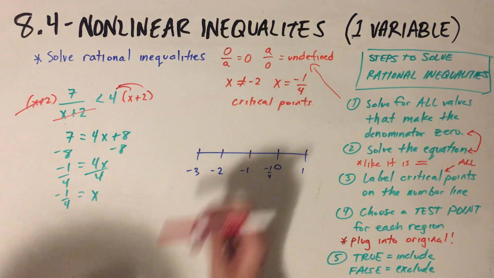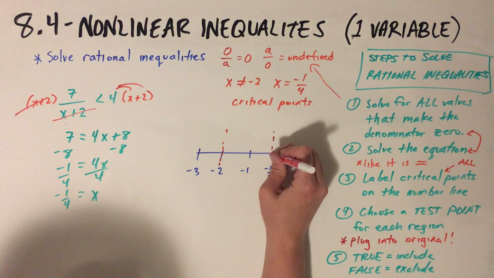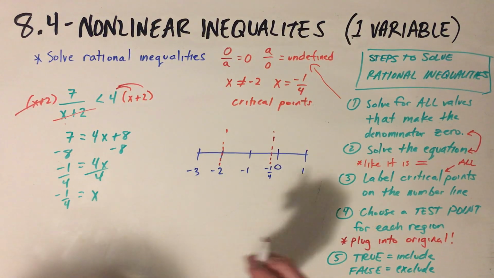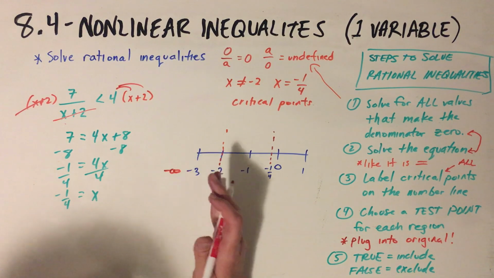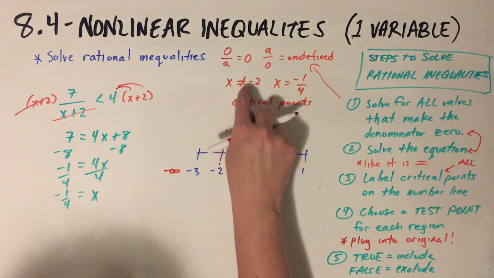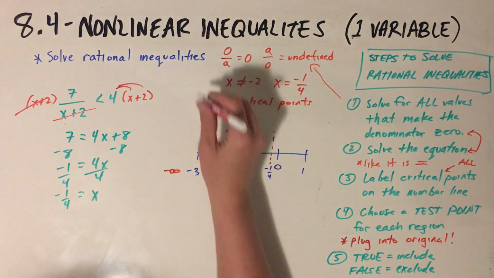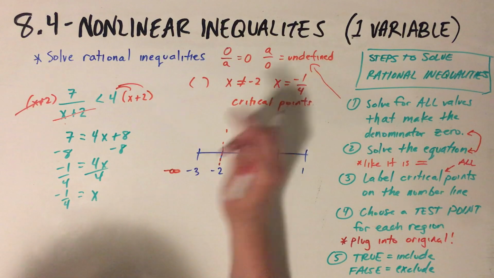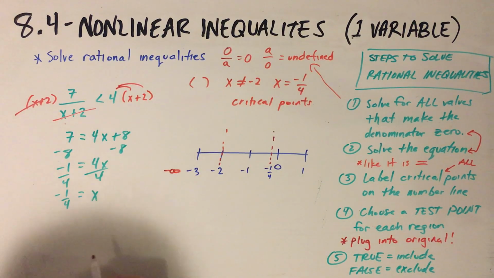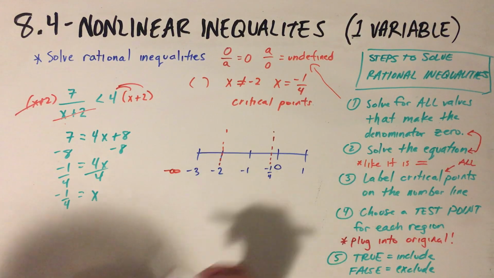So the critical points are negative 2 and negative 1/4. This divides our number line into the region from negative infinity all the way to negative 2. But we know that negative 2 can't be included, so no matter what, that's going to have a parenthesis. Anytime you find the value that the denominator can't be, you obviously can't include it, or it would make the denominator 0. Then we have this region of negative 2 to negative 1/4, and then from negative 1/4 on.